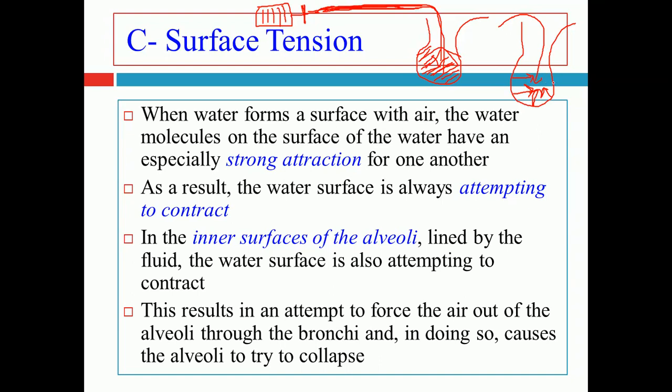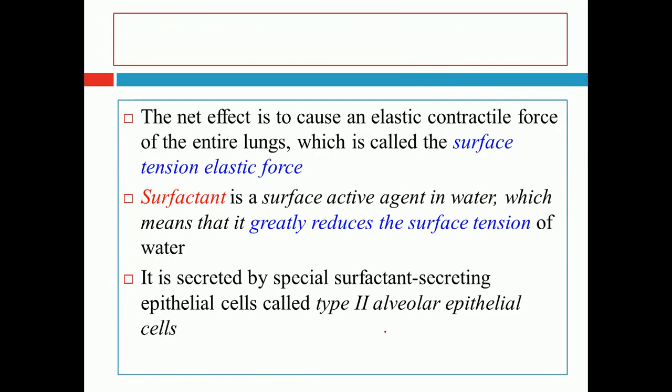Once the alveoli contract, the air will go out. But we don't want it. We want this way route, only this way, right? So this results in an attempt to force the air out of the alveoli through the bronchi. We don't want this. So what is the actual solution to that, and what is the net effect of this?